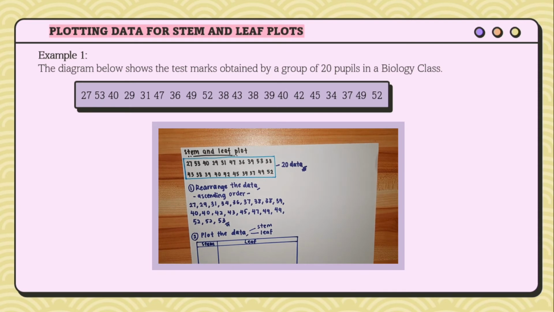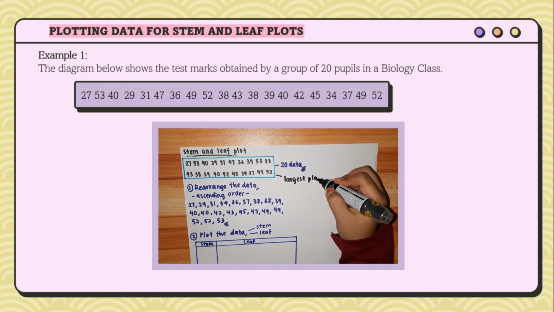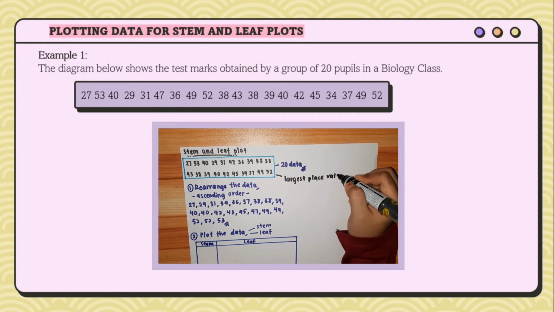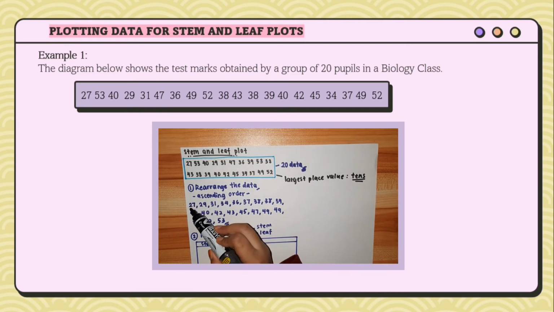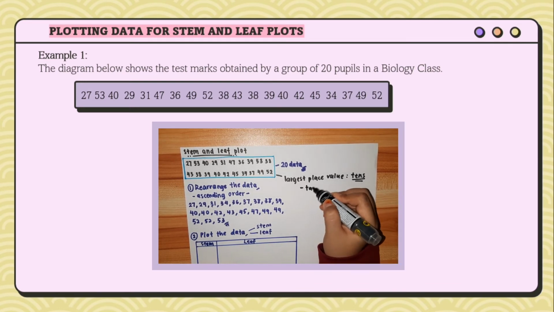Just to recall the explanation I gave earlier, the stem must be chosen based on the largest place value. For this data, the largest place value is tens, meaning that we have to take the leading number of each value as the stem. Always take the leading number to be the stem.